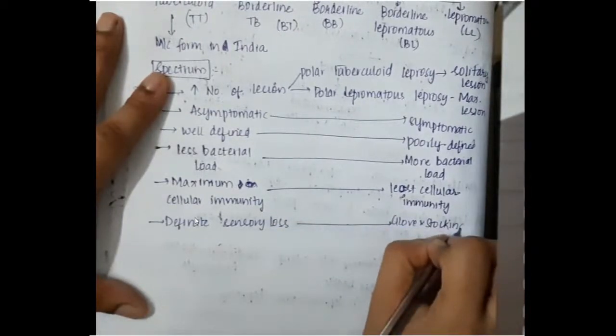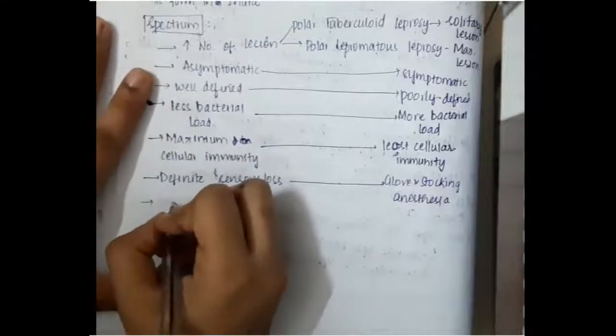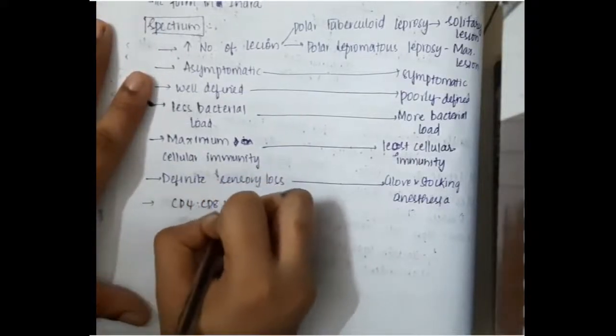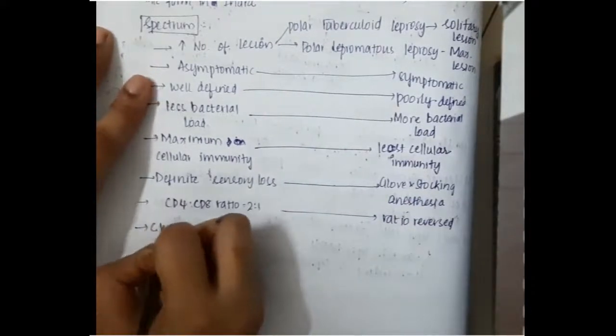Then if you see the sensory loss, in tuberculoid leprosy you will see definitive sensory loss. In lepromatous leprosy, you will see glove and stocking anesthesia. In tuberculoid leprosy, the CD4 to CD8 ratio is equal to 1. In lepromatous leprosy, the ratio is reversed.